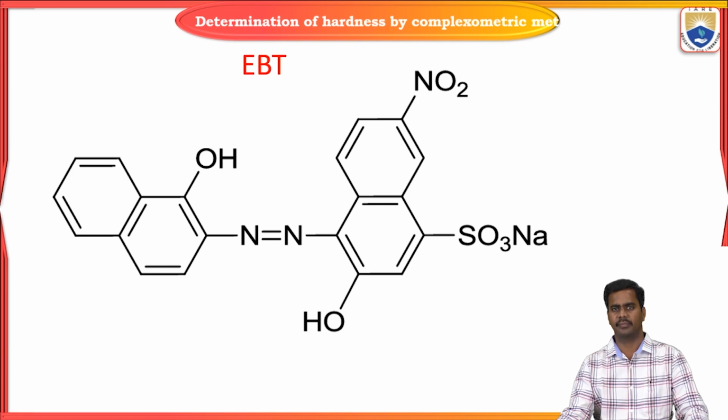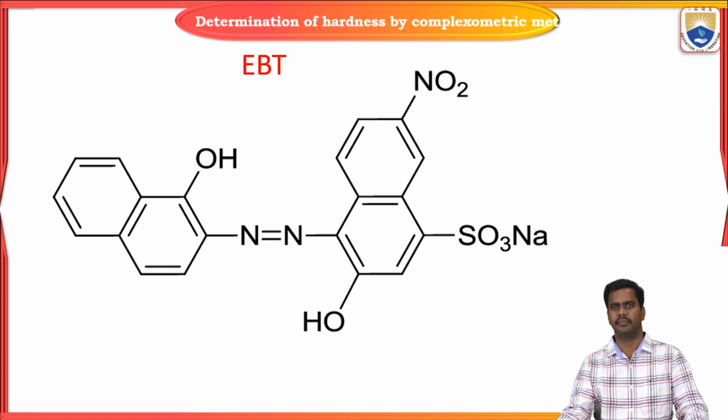Titration is nothing but determination of the concentration of an unknown substance by using a substance with known concentration. That is a titration. So here we are going to determine the hardness of water by the titration method.